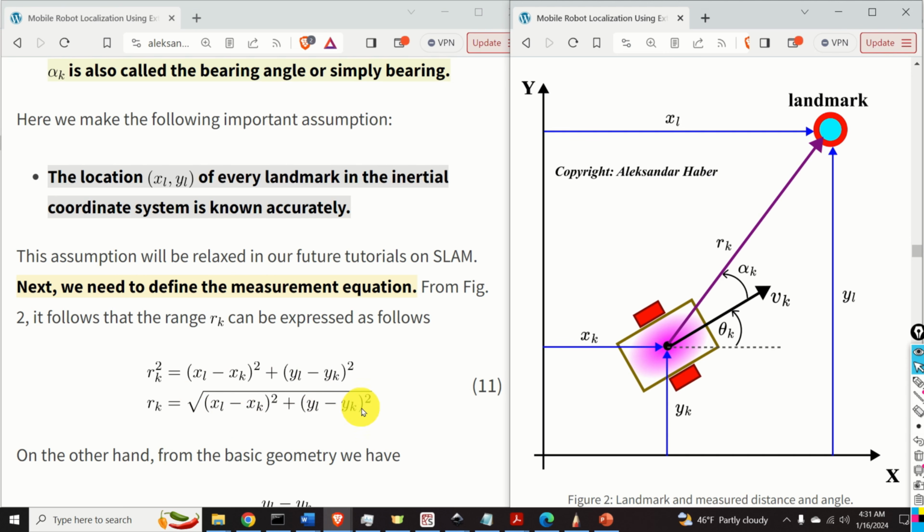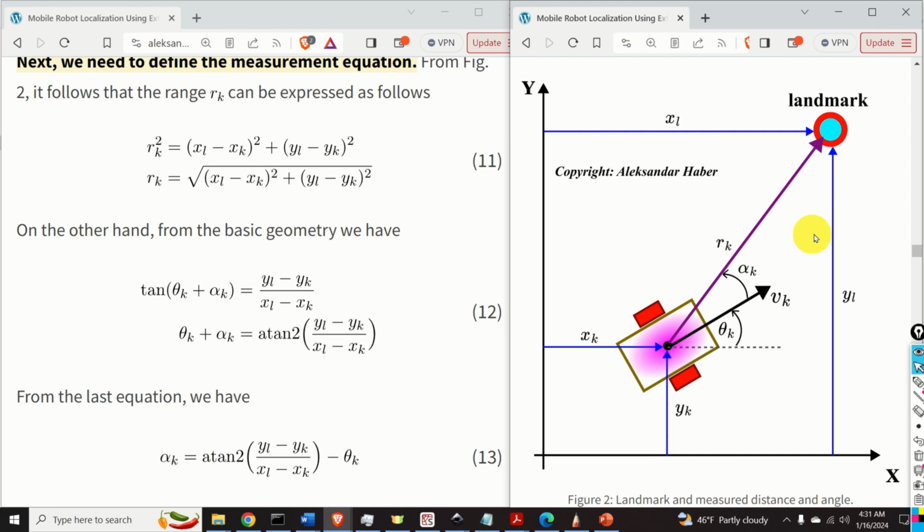On the other hand, from basic geometry, we have that the tangent of this angle, that is the angle theta k plus alpha k, is actually yl minus yk divided by xl minus xk. From this equation, we obtain that theta k plus alpha k is atan2 of yl minus yk over xl minus xk.